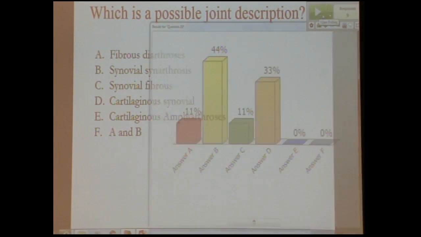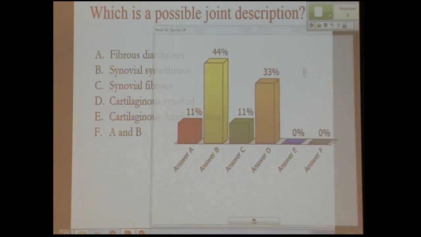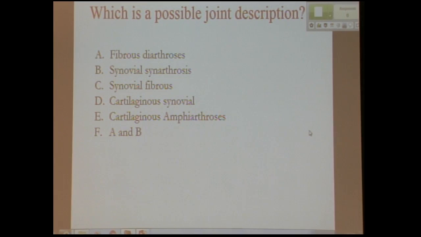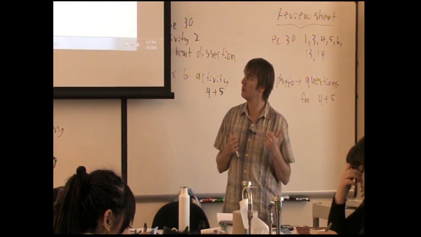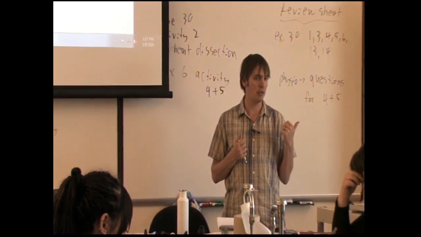All right, which of these is a possible joint description? And so the first thing to remember is every joint gets a structural classification and a functional one, which automatically means C is not right, because that's two structural ones put together.